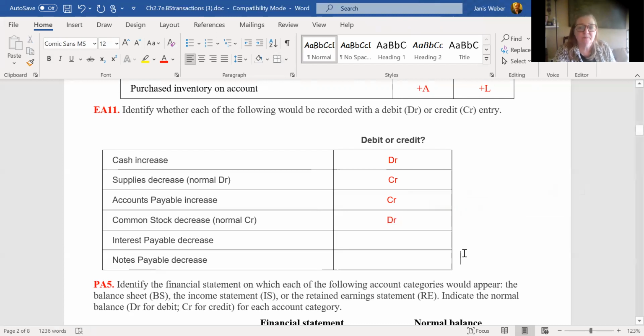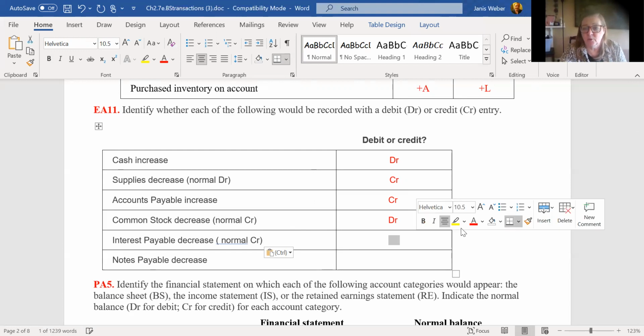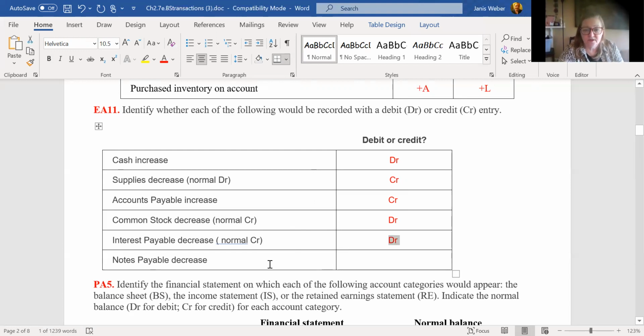Same thing with interest payable. Interest payable is a normal credit balance. So whenever I decrease it, I'm going the opposite direction. Debit. Same thing with notes payable.